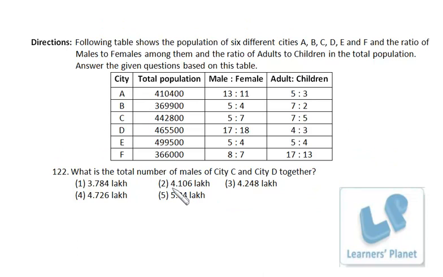See this question: what is the total number of males in city C and D together? City C, males will be 5 by 12 of this, right? 5 by 12 of 442,800, plus city D is 17 by 35 of this.